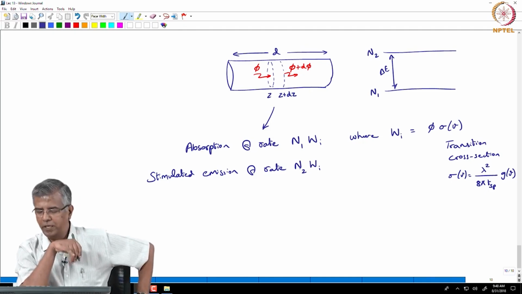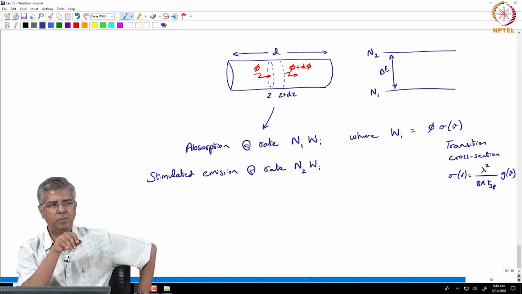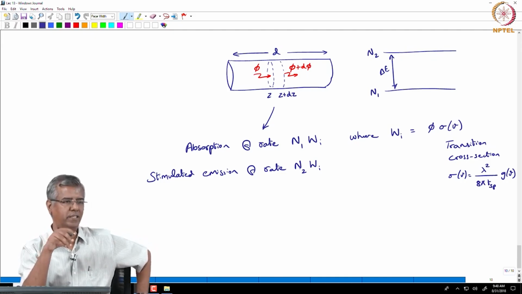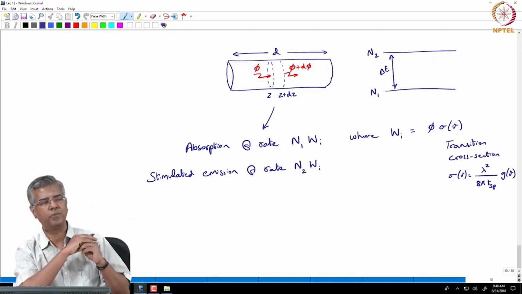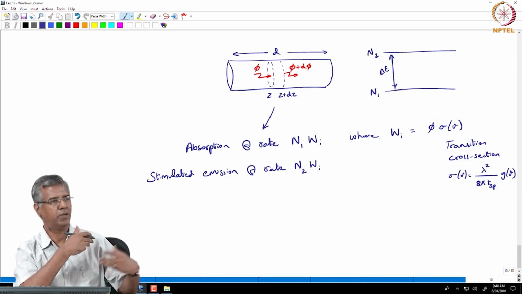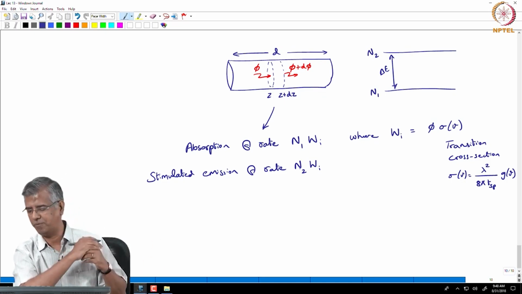Is Wi going to be different for absorption versus emission? If you are considering one single transition, a single pair of energy levels, that is not going to be different. So, this is the same Wi that you have for absorption, the same Wi you have for emission also.